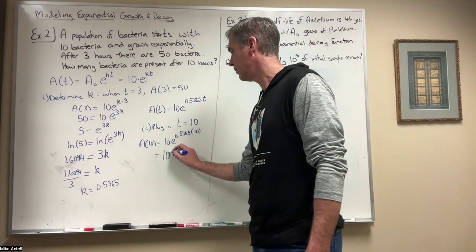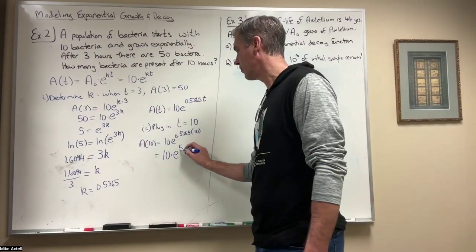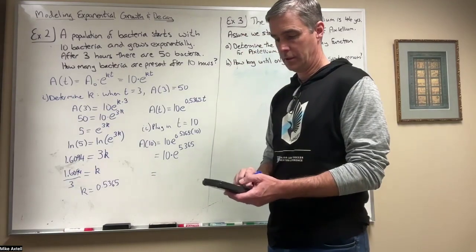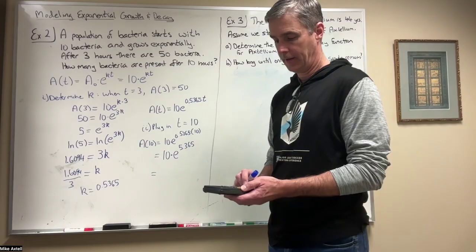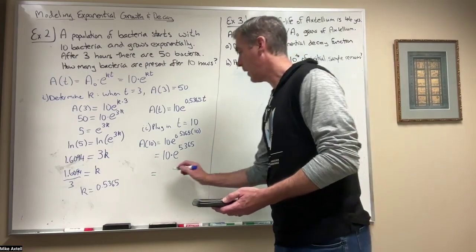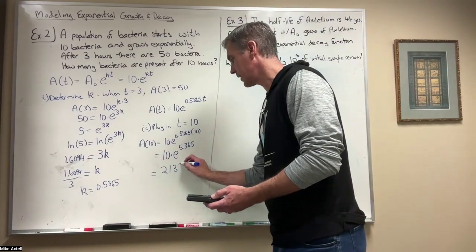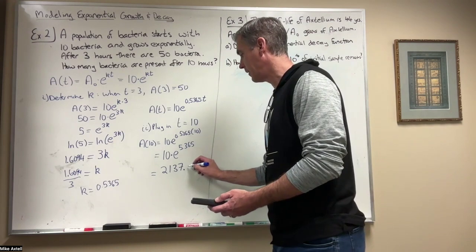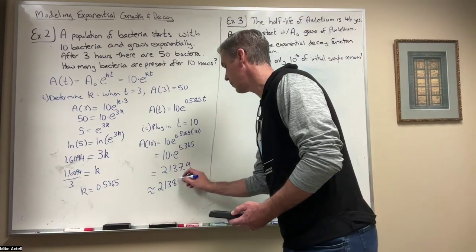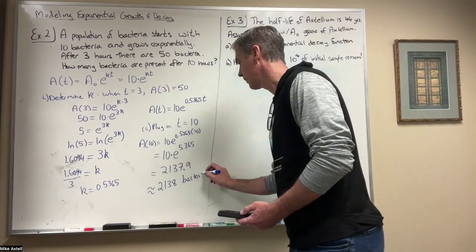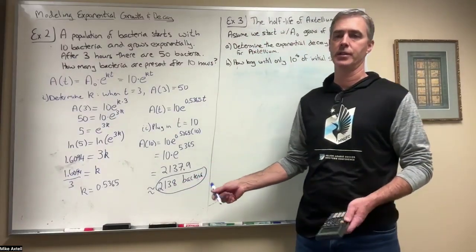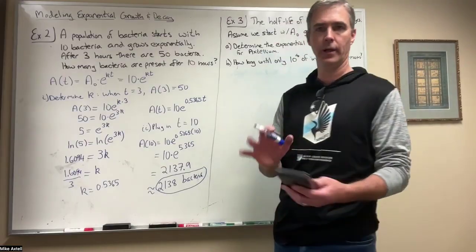So that would be 10 times e to the 5.365, and if I do that, I get 2,137.9. So let's just say about 2,138 bacteria. The number of bacteria should probably be a whole number. Maybe a biologist would say you have to round down, but whatever, close enough.